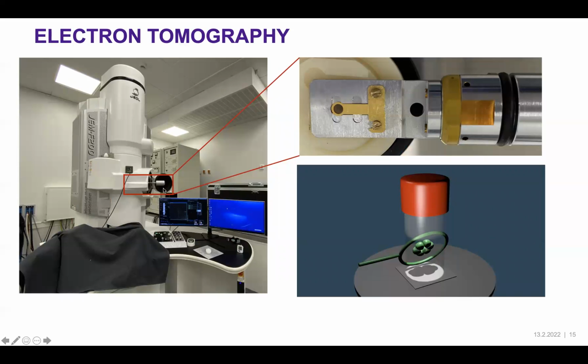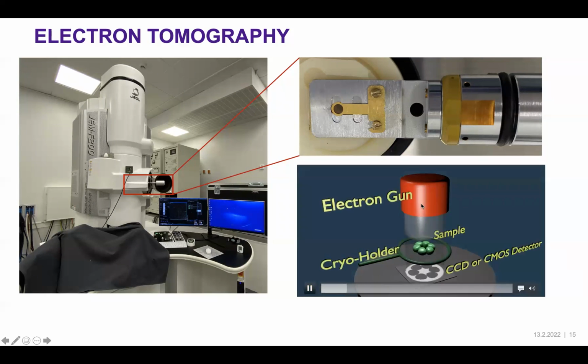But unfortunately, we cannot do the same in TEM, for several reasons. We cannot rotate the source and detector. We can only rotate our sample, or TEM grid, and this also brings a lot of limitations. Here, the source and detector are stationary, only the sample is rotating.